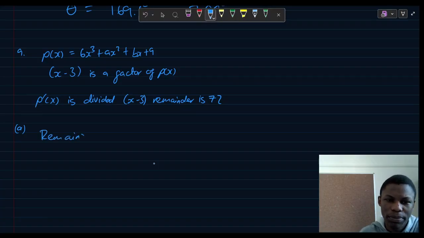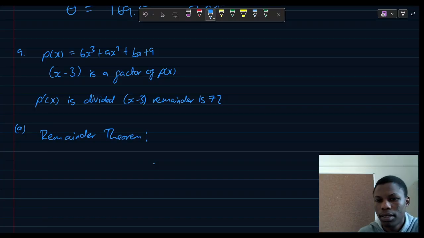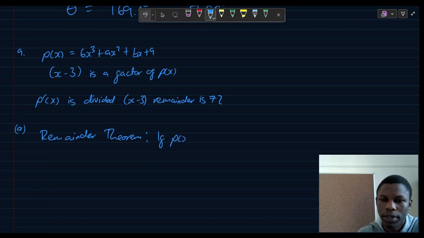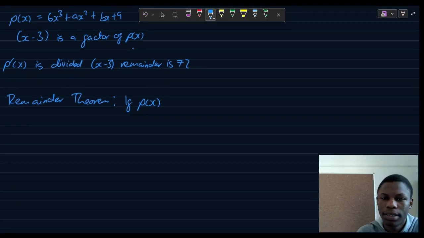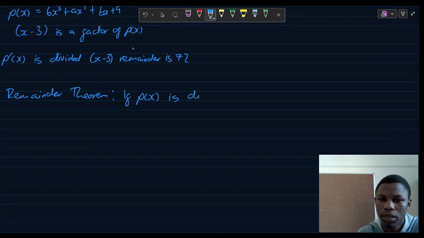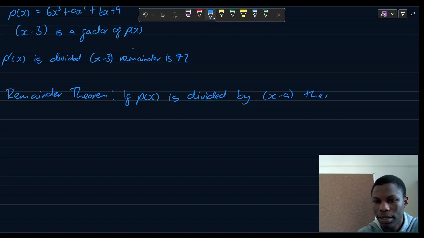The remainder theorem states that if a polynomial p of x is divided by x minus a, then p of a is equal to the remainder. Or in other words, the remainder is equal to p of a.